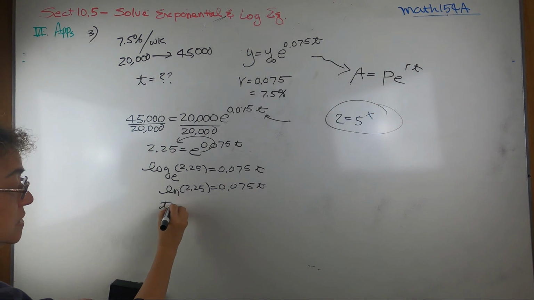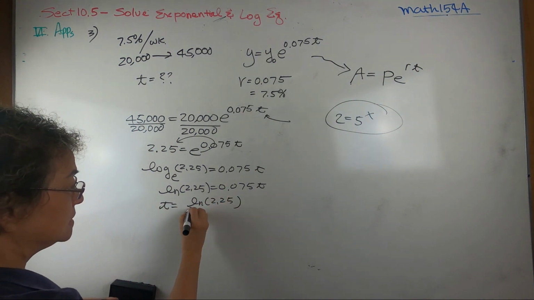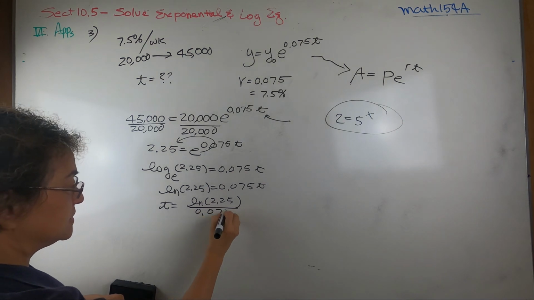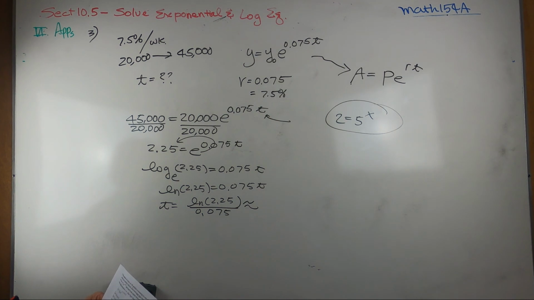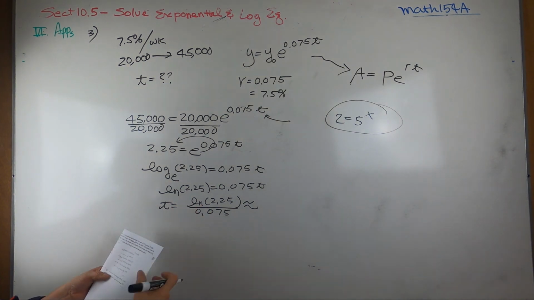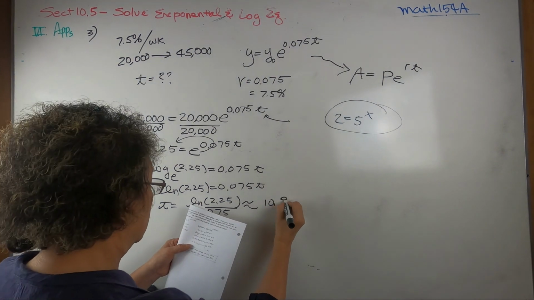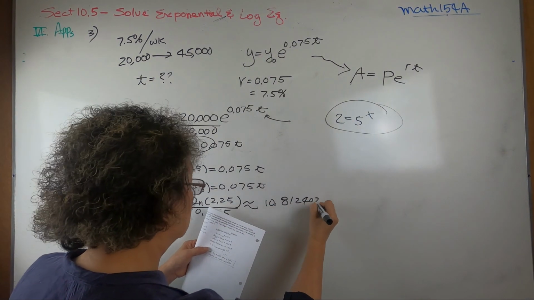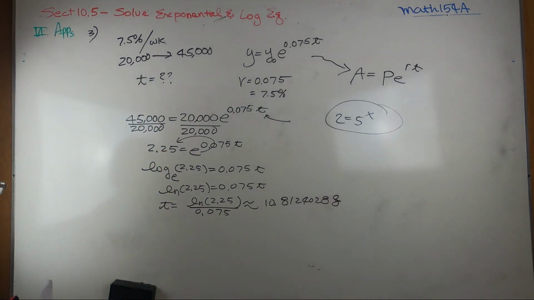So what's your t? t would be natural log of 2.25 divided by 0.075, right? Then you continue, and you find it is about 10.8124028.